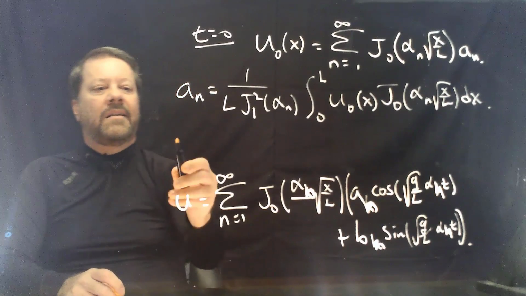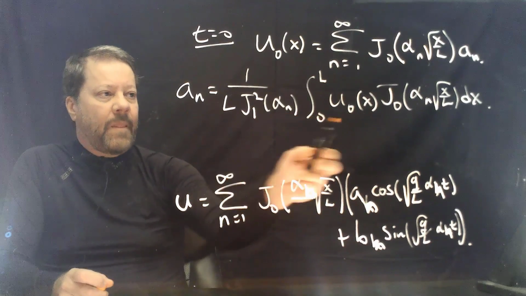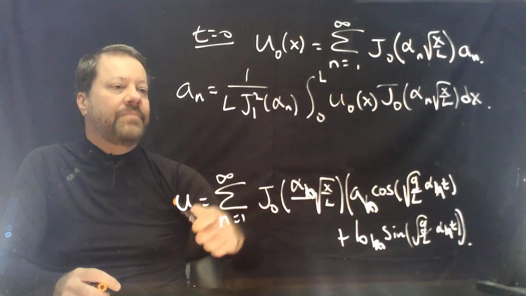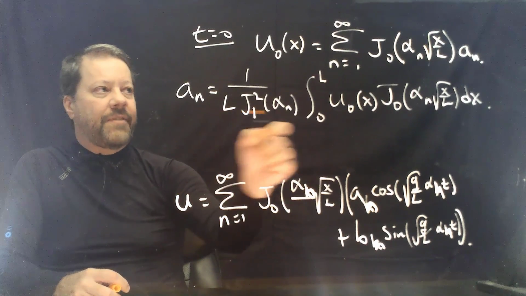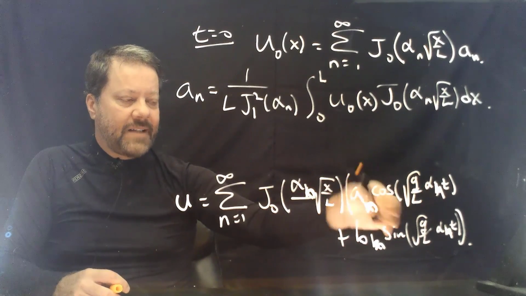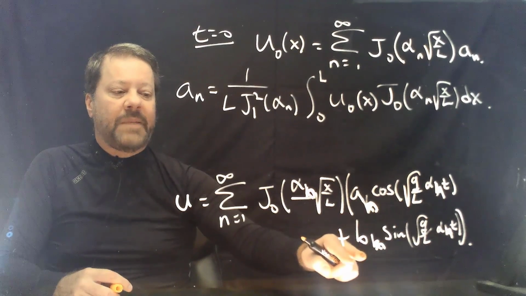dx. For the velocity data, we'll have u naught, the derivative, ut 0 here, and everything else is more or less the same except for the fact that it'll apply to the derivative. The sine here evaluated at 0 will be 0. You'll have cosine here. You'll end up with the b n's.